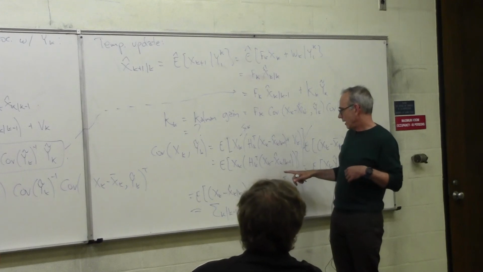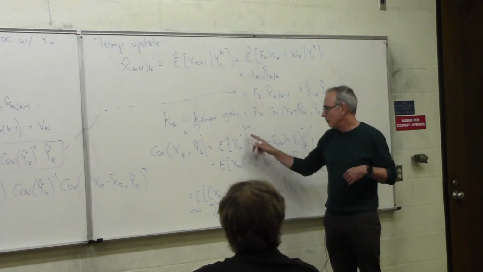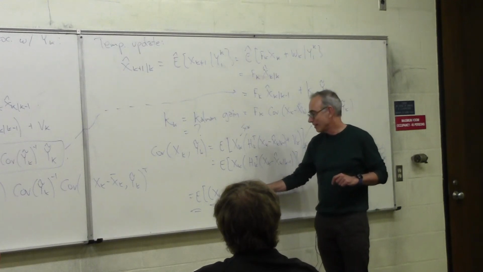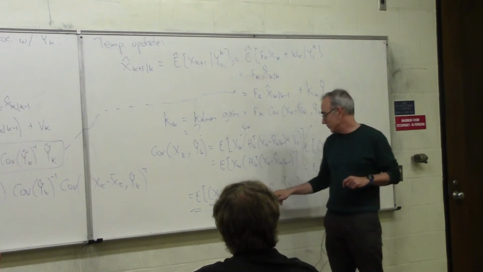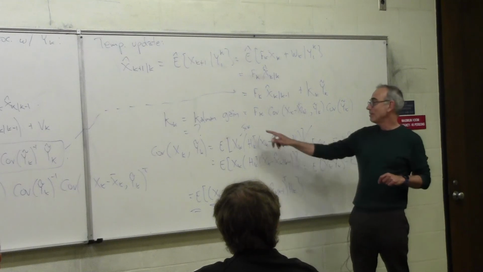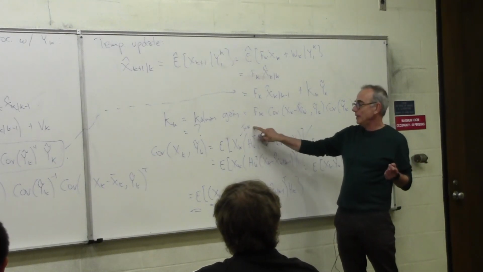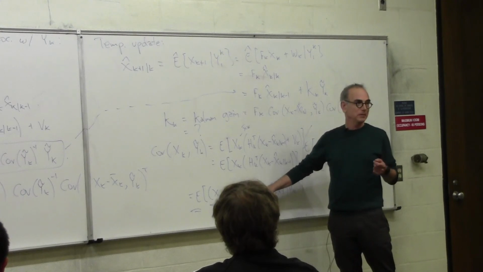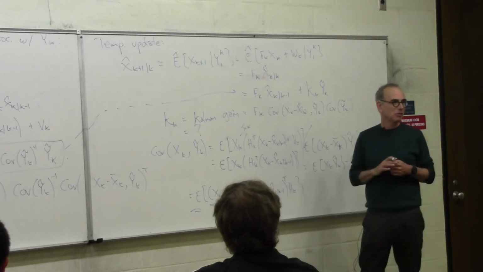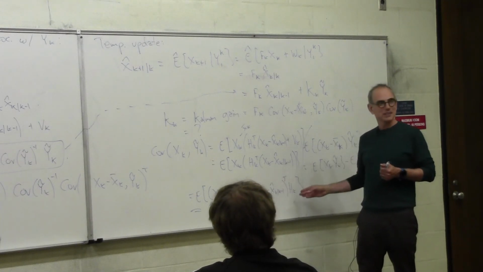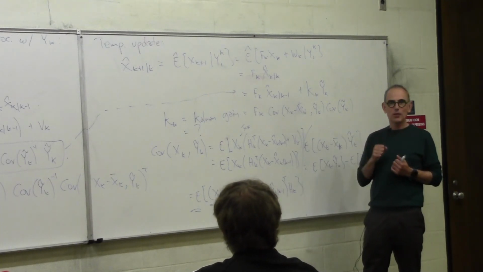And then I slipped in not the mean, but the conditional mean, for different reasons. I'm allowed to sneak that in because it's orthogonal to these guys, the same reason I was able to get rid of this. I replaced the mean by the conditional mean. I could have replaced it by 0, anything I want, as long as it's orthogonal to this stuff. Yeah, that's good.